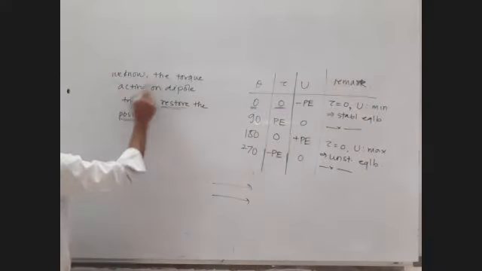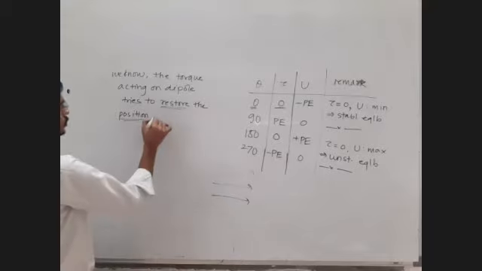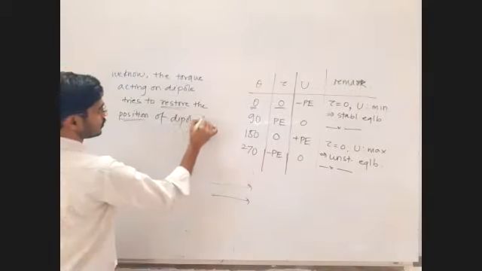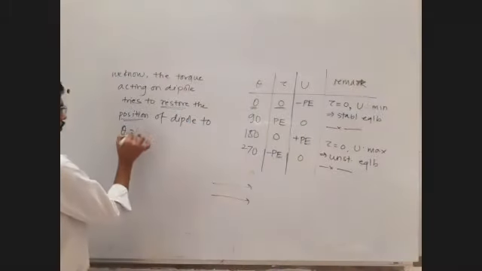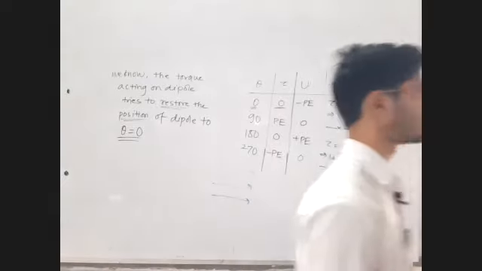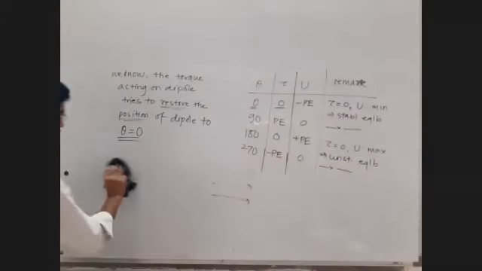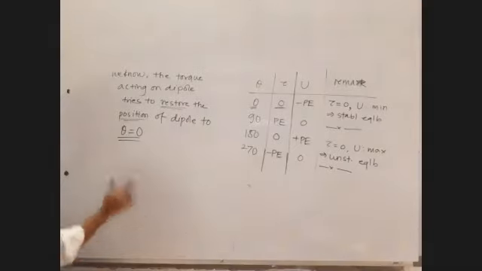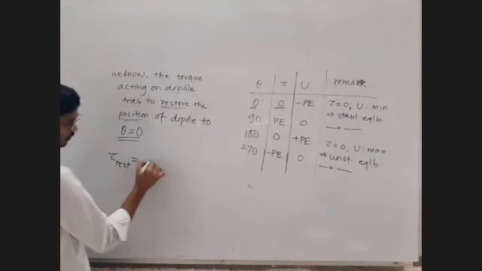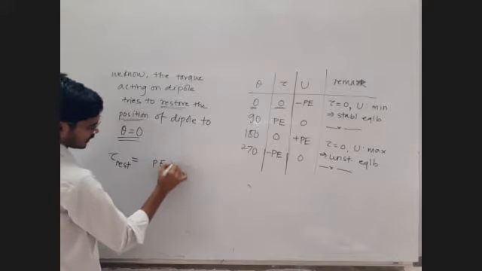We know the torque acting on the dipole tries to restore its position to theta equal to 0, which you can call the mean position or the reference position. So let me write: restoring torque is equal to P E sin theta.